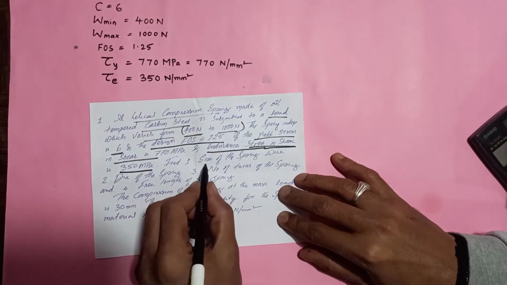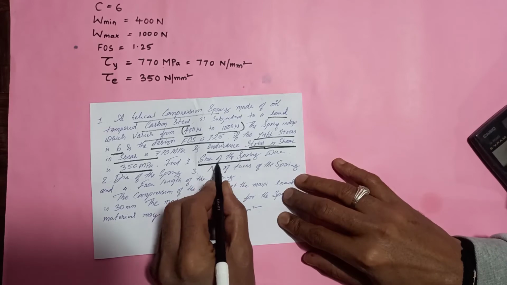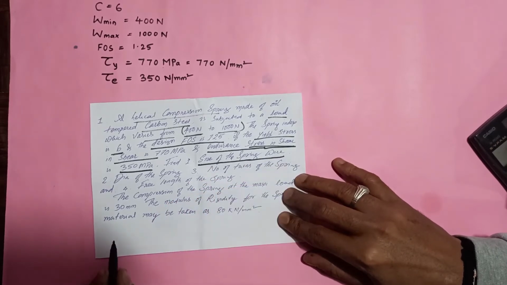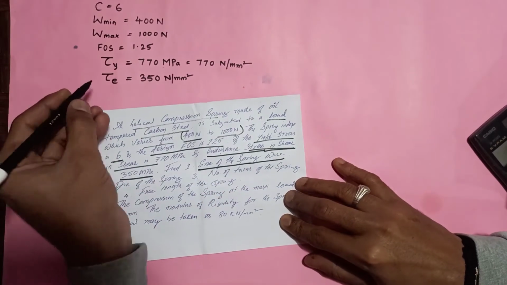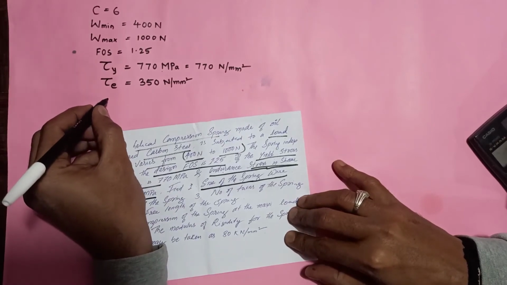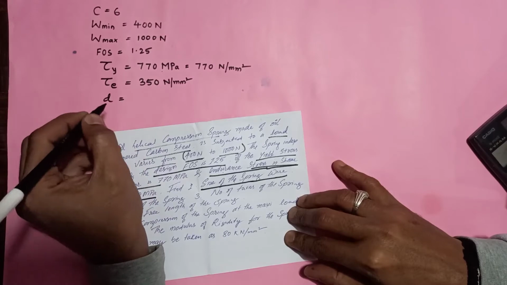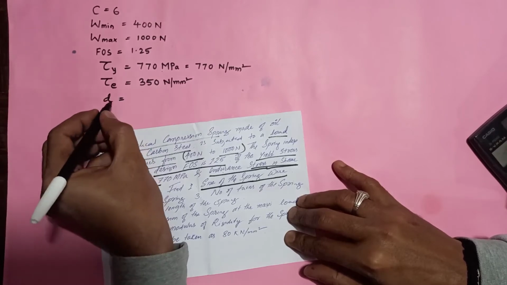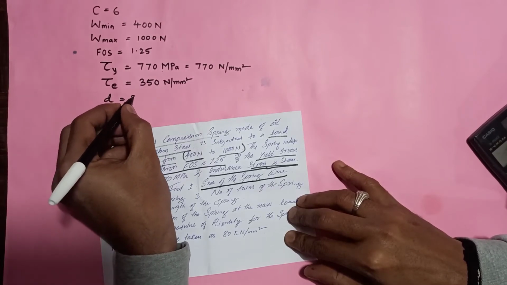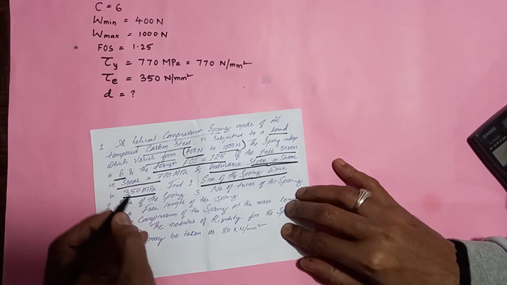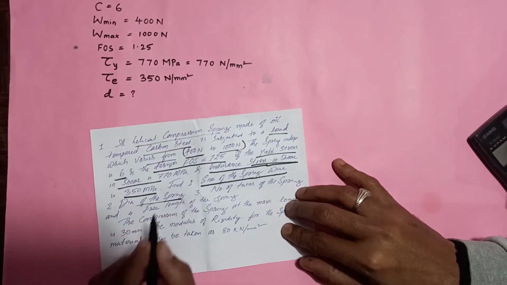Now you need to find, first, the size of the spring wire, taken as small d, the diameter of the wire. Second, the diameter of the spring.